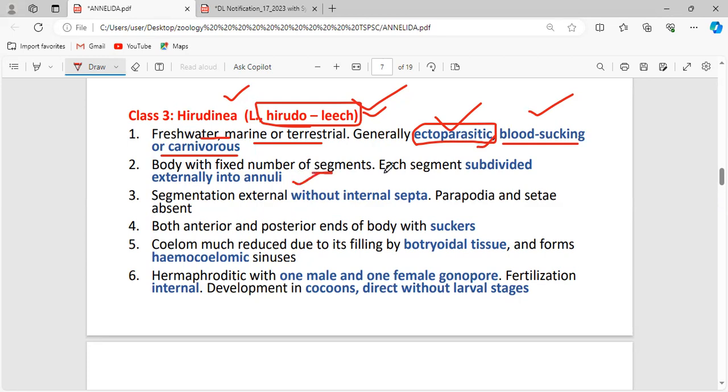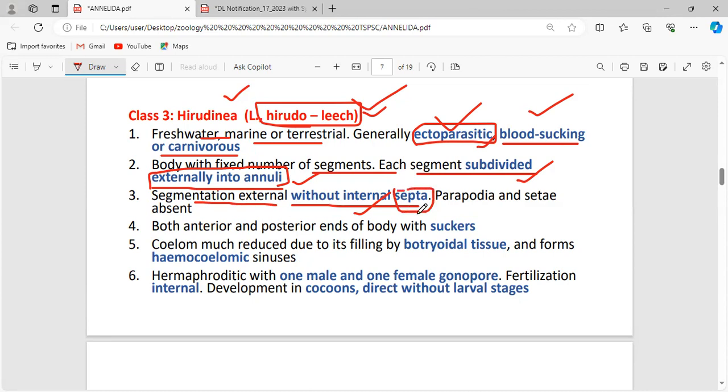Body with a fixed number of segments, and each segment is subdivided externally into annuli. So what is the segmentation seen in this particular leech? External segmentation, without internal septa. Septa means partition.